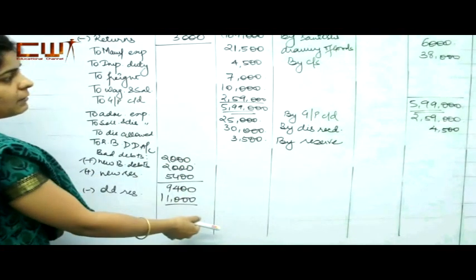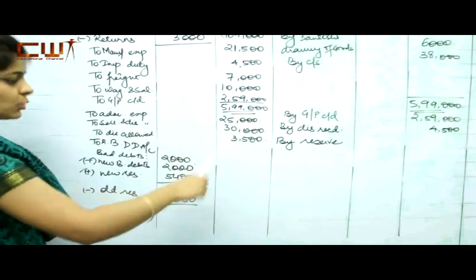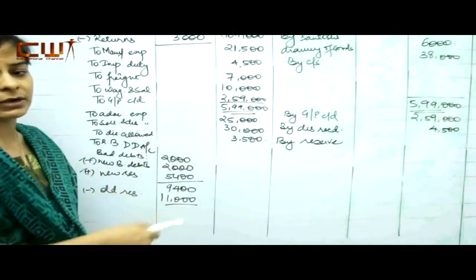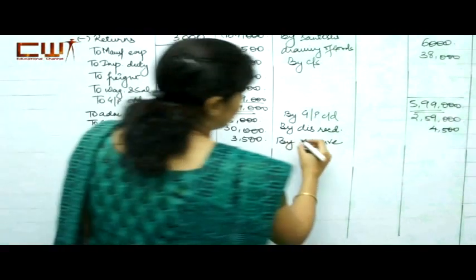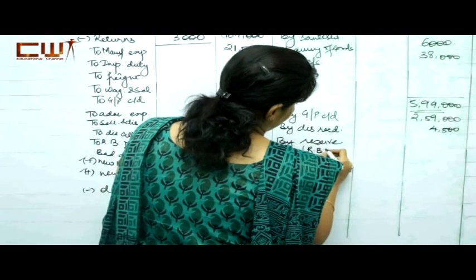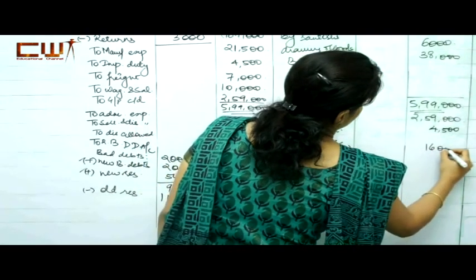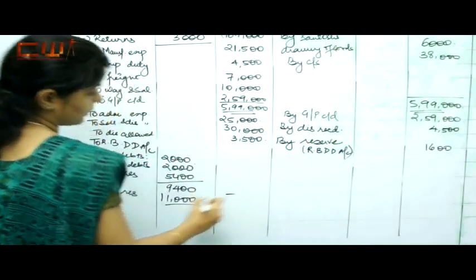We don't write anything in minus on any of the sides. So if there is a minus item, you will write it on the credit side. So you will have by reserve for bad and doubtful debts account 1,600. And here you will not write anything, put a dash.